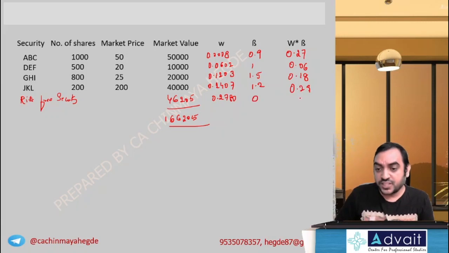And this will have 0, because you will have no beta for risk-free security, 0. So total 0.27 plus 0.06 plus 0.18 plus 0.29. You got exactly 0.80. So the target beta is achieved.